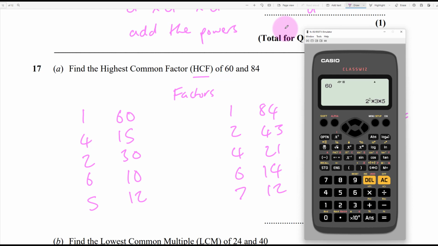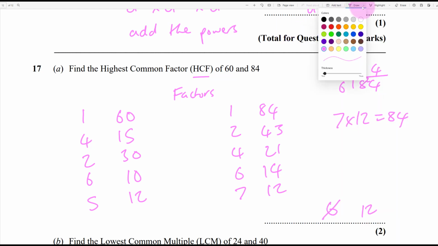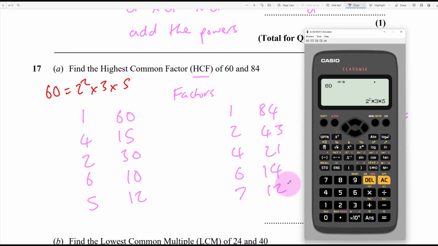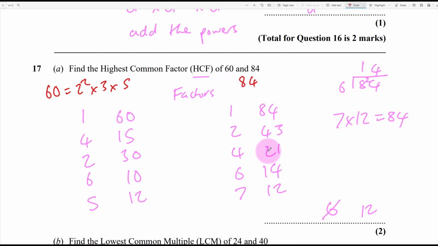So 2 squared times 3 times 5. 60 equals 2 squared times 3 times 5. That's that as a factor tree. Let's try that with 84. 84, press equals, shift, fact here. 2 squared times 3 times 7. 84 equals 2 squared times 3 times 7.